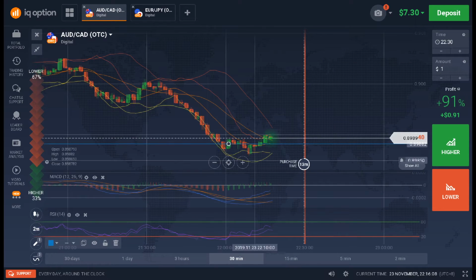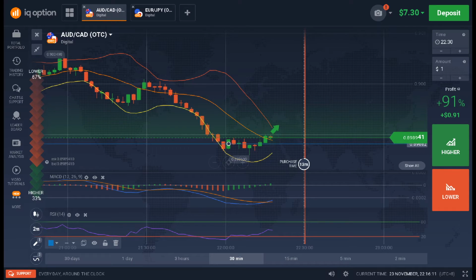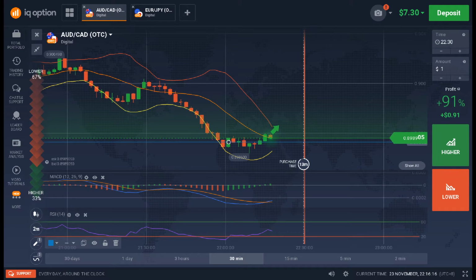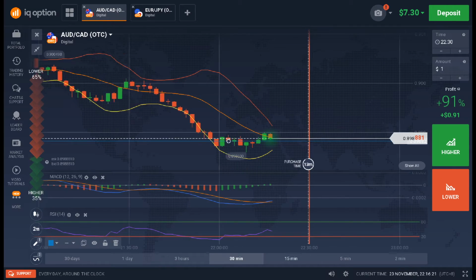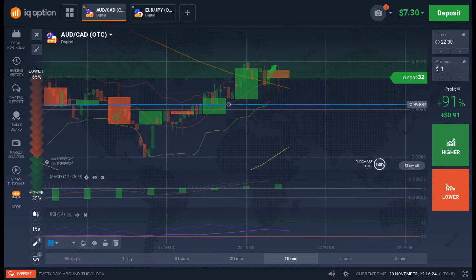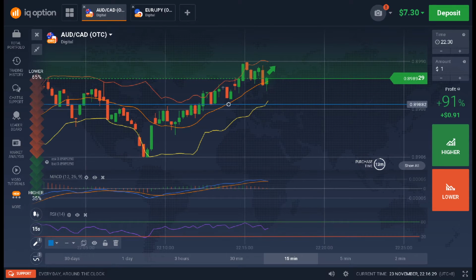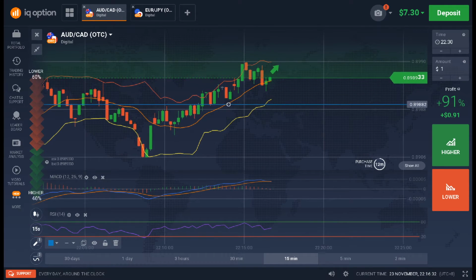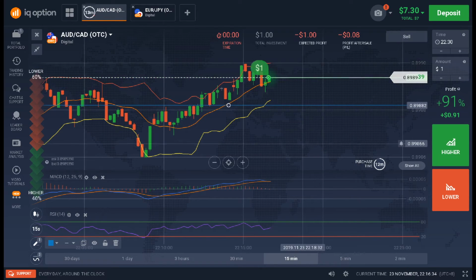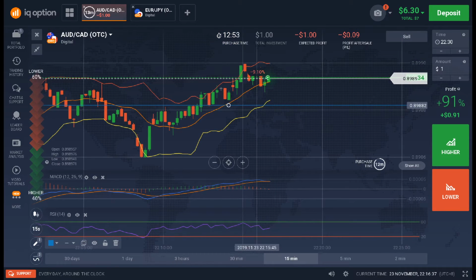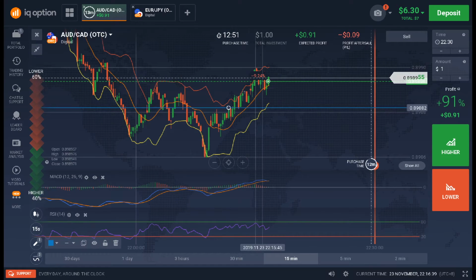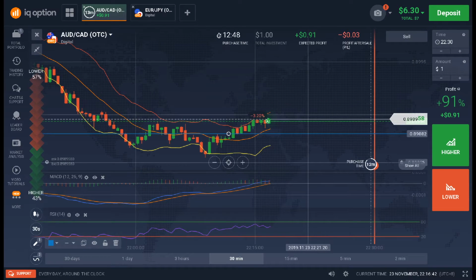I mean, for this pair. Okay. This might trigger a downward movement. Okay, it's moving up. Let's see if it will continue to go up. Okay, overall, the sentiment is now moving upwards.